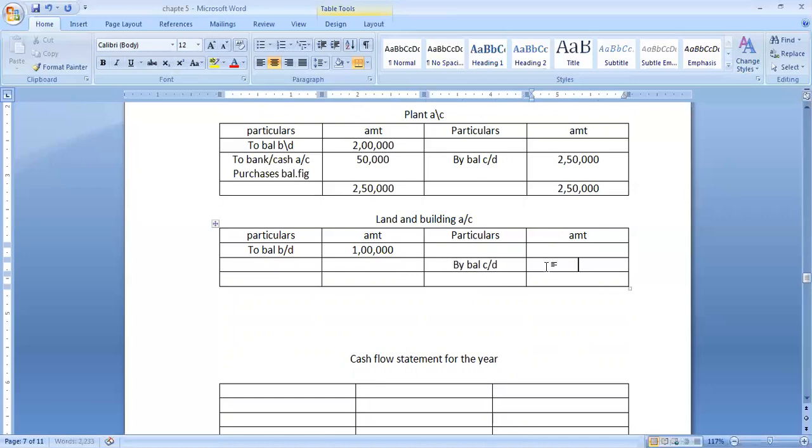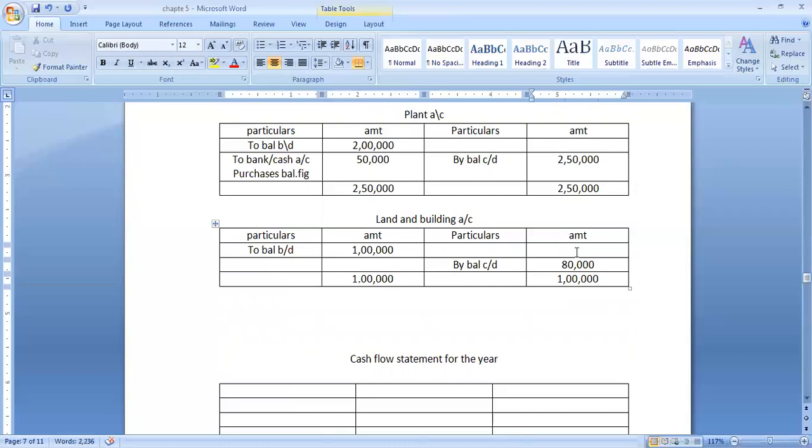Again, there is also the balance carried down. So what is the value of carried down? It is 80,000. Okay. So what will be the total? It is 1 lakh. So the remaining is the difference on the credit side.